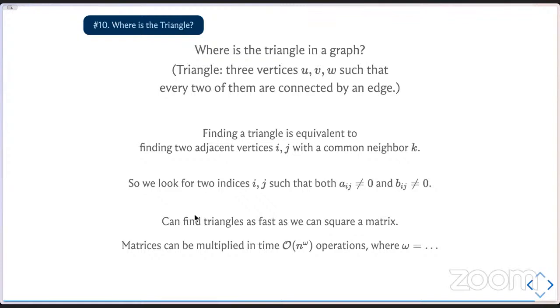So yeah, basically this notion would also capture the concept of a triangle, that you did 3 hops and you came back where you started.